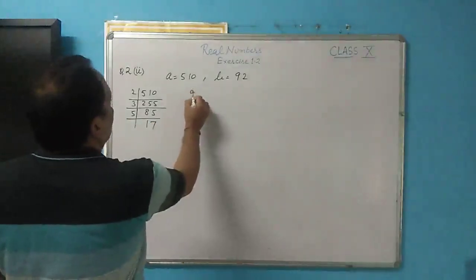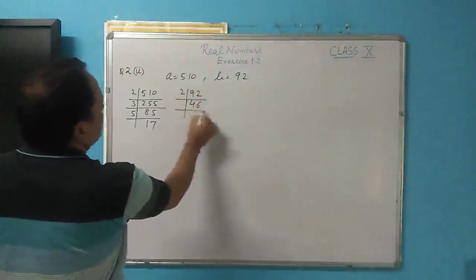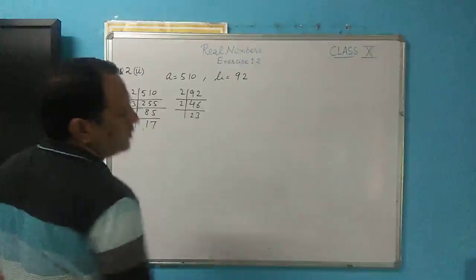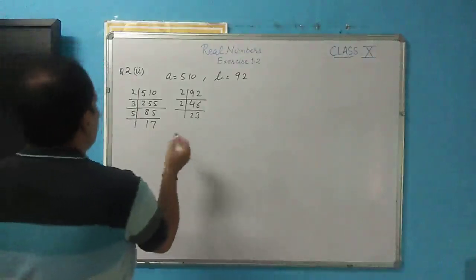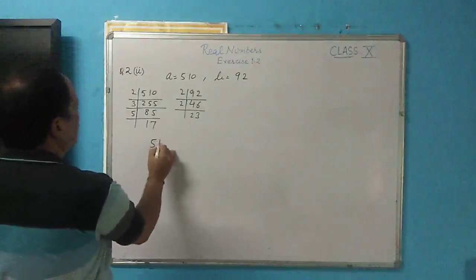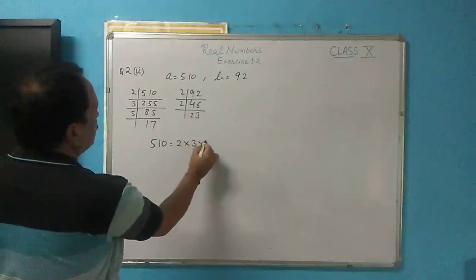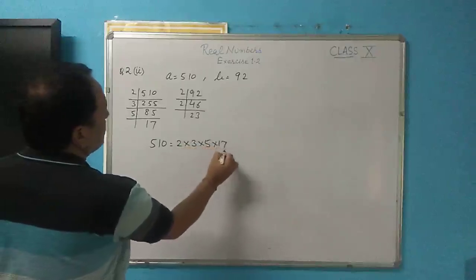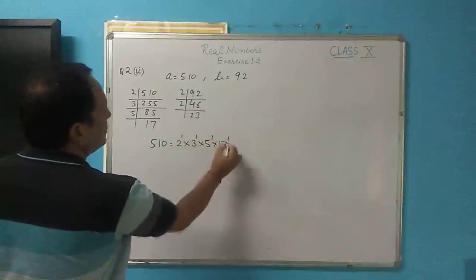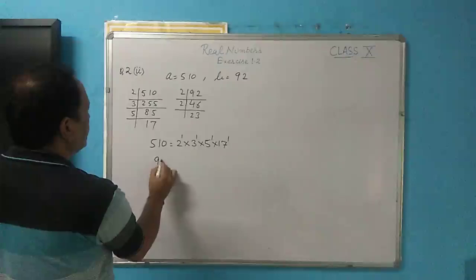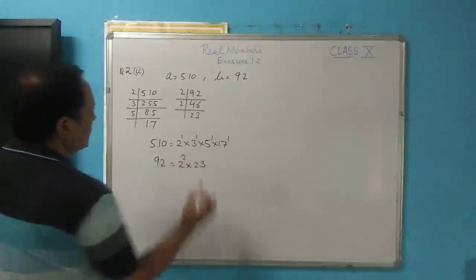Now find the prime factors of 92: 46, 2, 23. Now we will write them as products of prime factors. 510 is equal to 2 power 1 into 3 power 1 into 5 power 1 into 17 power 1, and 92 is equal to 2 power 2 into 23.